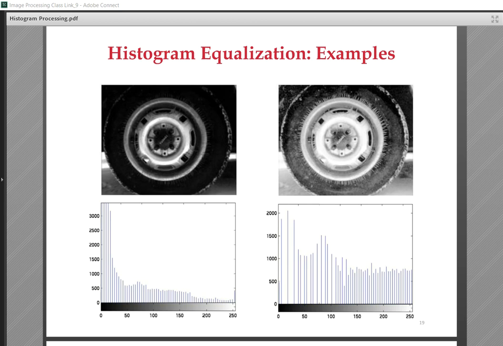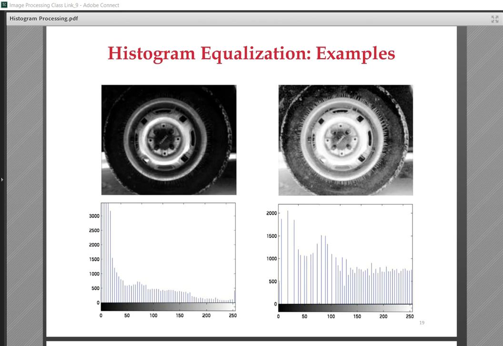You see that the resultant is flattened. Here you see very low, here you see better. This histogram is flattened compared to this one. Go to the next one.